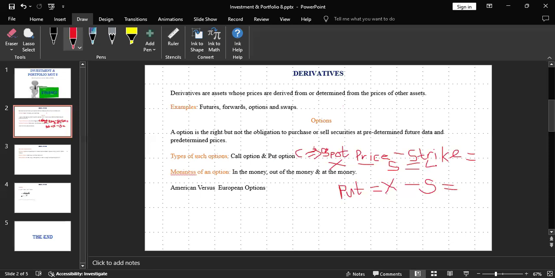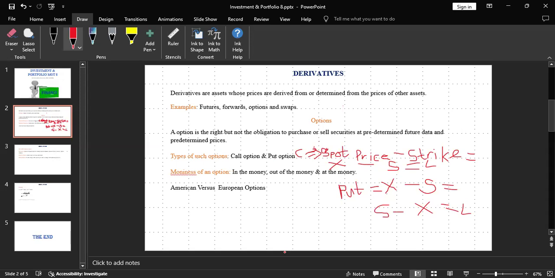Then we call it out of the money. However, in the put option, if the spot price is more than the strike price, it means the person is making a loss, because he's selling at this price, which is lower than the market price at that time.